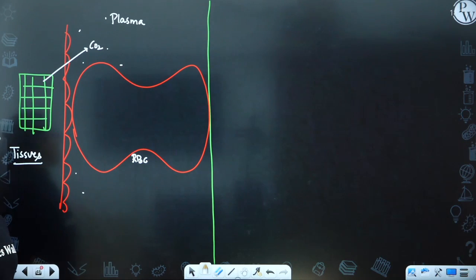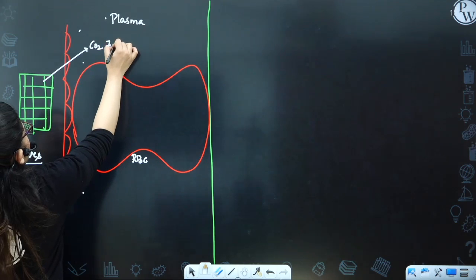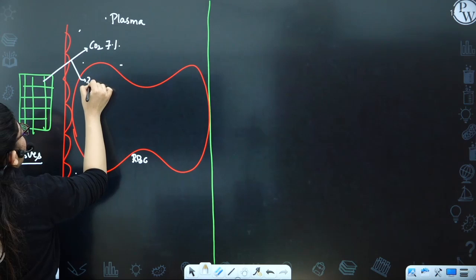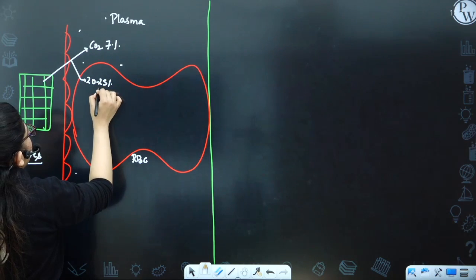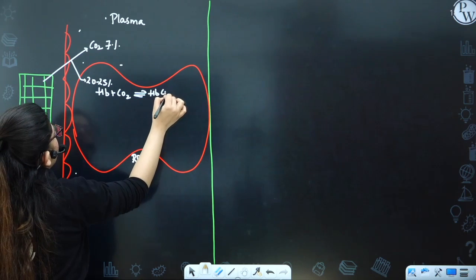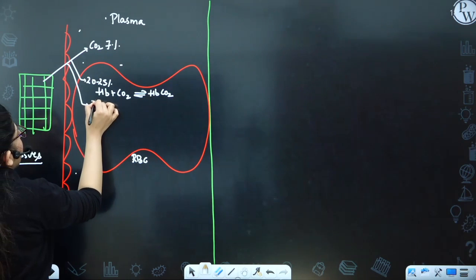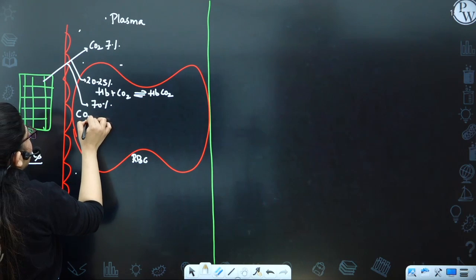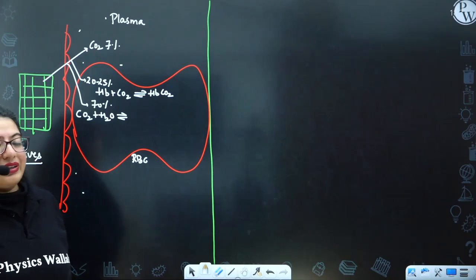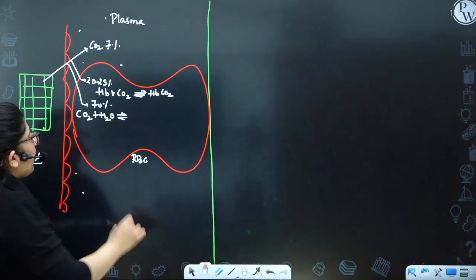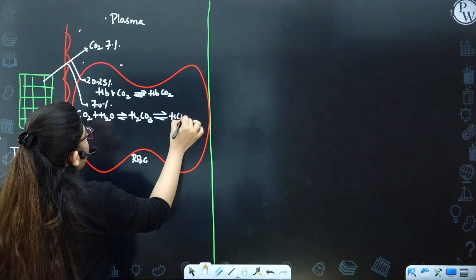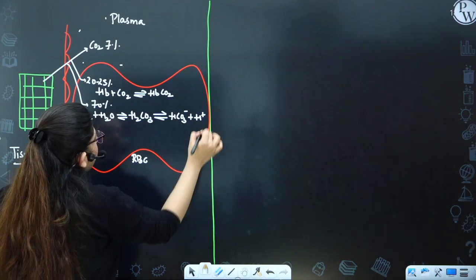So around 7% of CO2 is transported in the dissolved form in plasma. 20 to 25% binds to hemoglobin and forms carbaminohemoglobin, and the 70% reacts with water in the presence of carbonic anhydrase and forms carbonic acid, which later on forms bicarbonate ions and H positive, right?